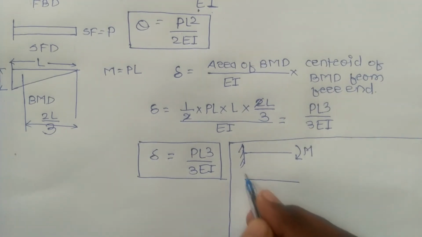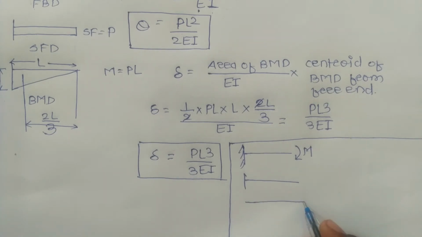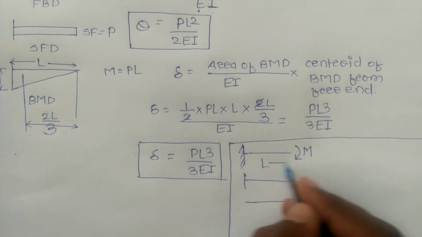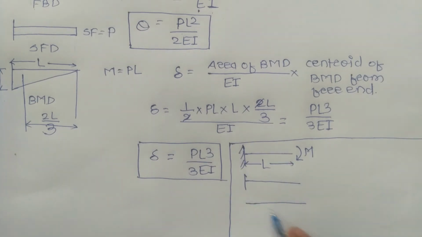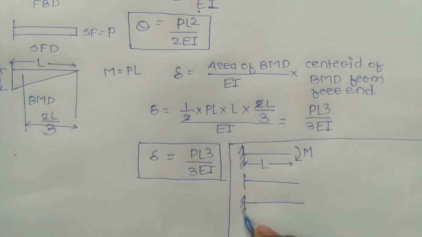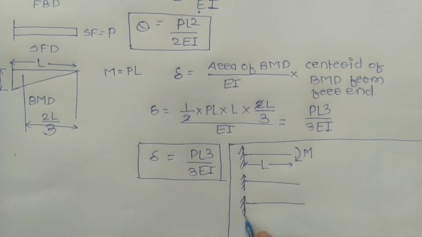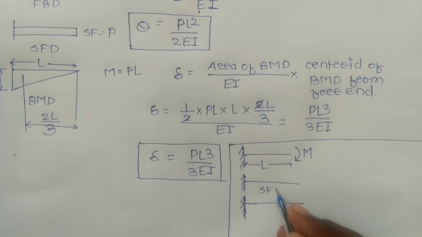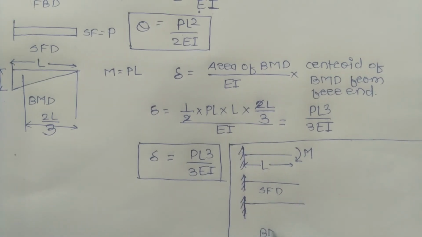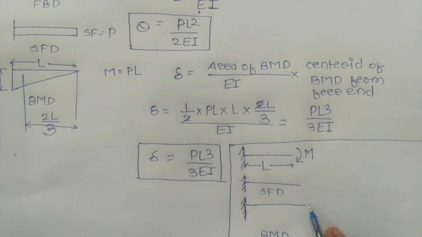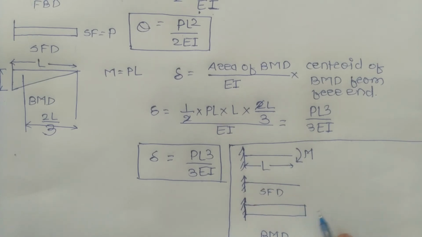So the shear force is 0 and the bending moment diagram spans L. This is the shear force diagram, this is the bending moment diagram. For the moment, a constant moment M is applied at the free end, so the shape of the bending moment diagram is a simple rectangle.